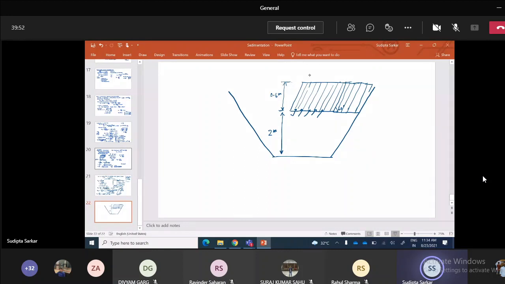All right, and you have to provide 1 meter above this, for the water to be collected. And then you'll have a collection trough like this here. So you have a collection trough here.